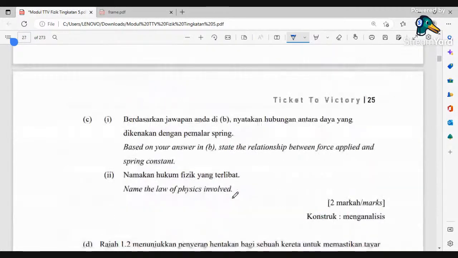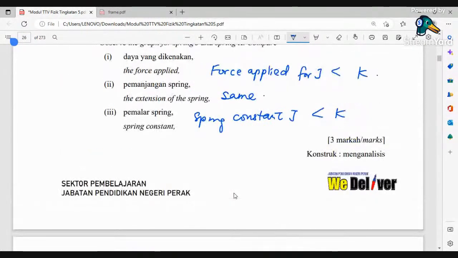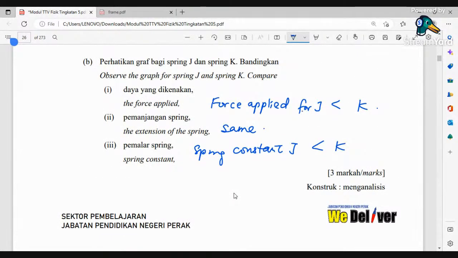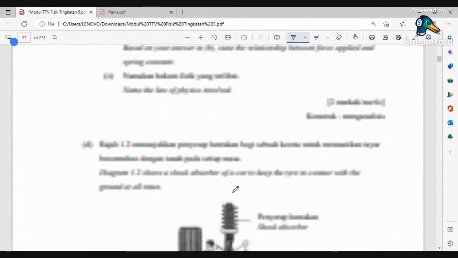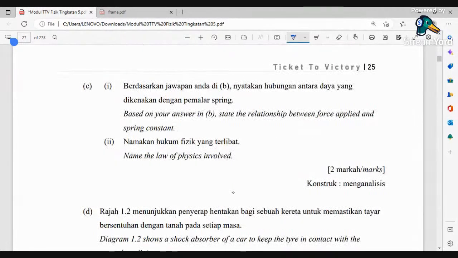Okay, based on your answer, state relationship between force supply and spring constant. Okay, nampak ada hubungan di sini. Force supply smaller, spring constant smaller. Okay, smaller smaller ataupun larger larger.